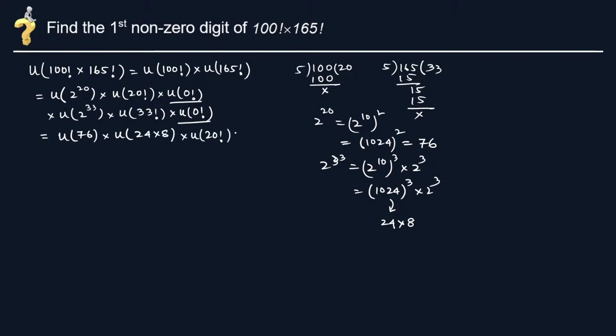Factorial 20 I will calculate. Factorial 33 I will calculate. From this, the last digit that we are getting is 6. From this one, the last digit that we are getting is 8 4s are 32, that is 2. We have to calculate the first non-zero digit of factorial 20 and factorial 33.